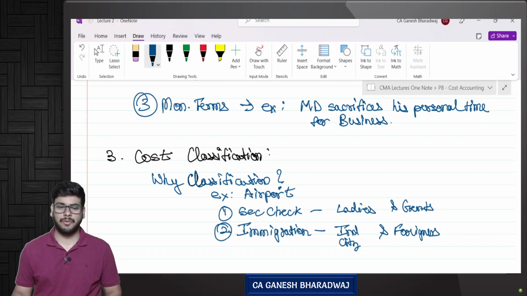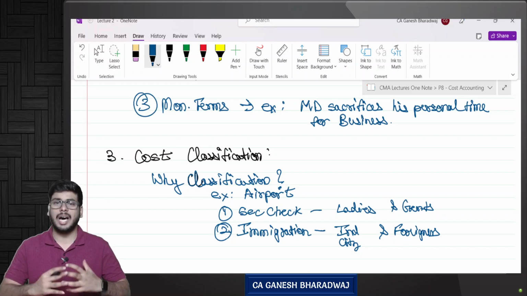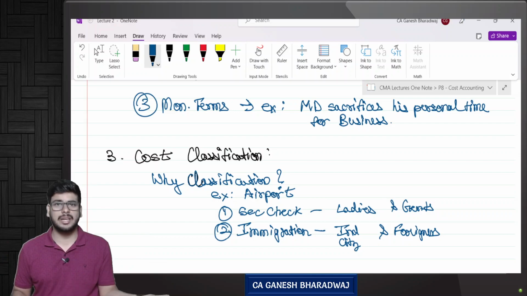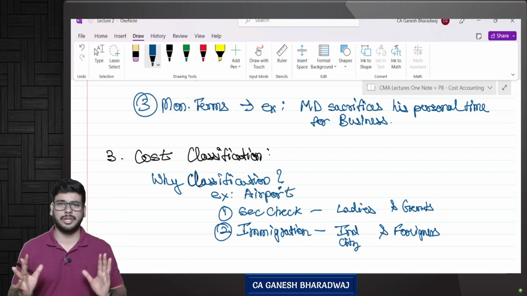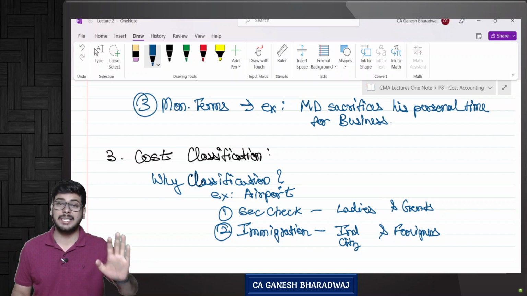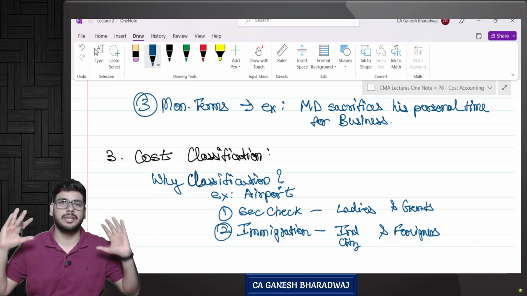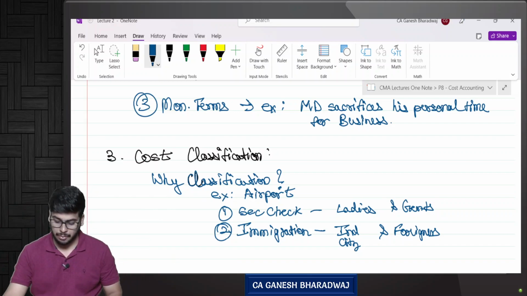Ladies and gents classification is not required. An Indian citizen can be a lady or a gent; that is not the criteria here. At the immigration counter, the same human beings are classified as Indian citizens and foreigners. Once you've completed immigration, everyone will be together again.